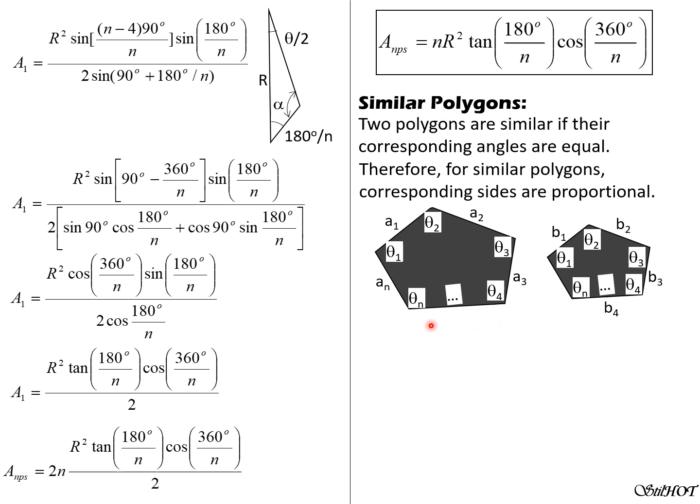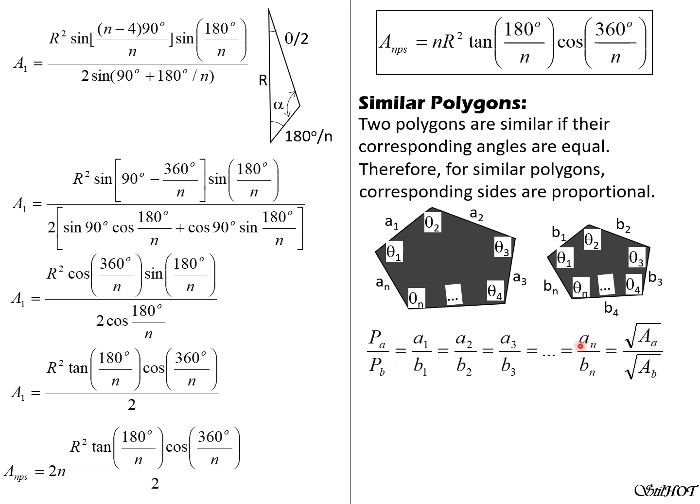Anyway, the ratio of perimeters must be equal correspondingly to the ratio of sides. That is, perimeter A over perimeter B is A1 over B1 equals A2 over B2, A3 over B3, An over Bn, equals square root of area A over square root of area B. So take note that the unit for perimeter is a unit of length.